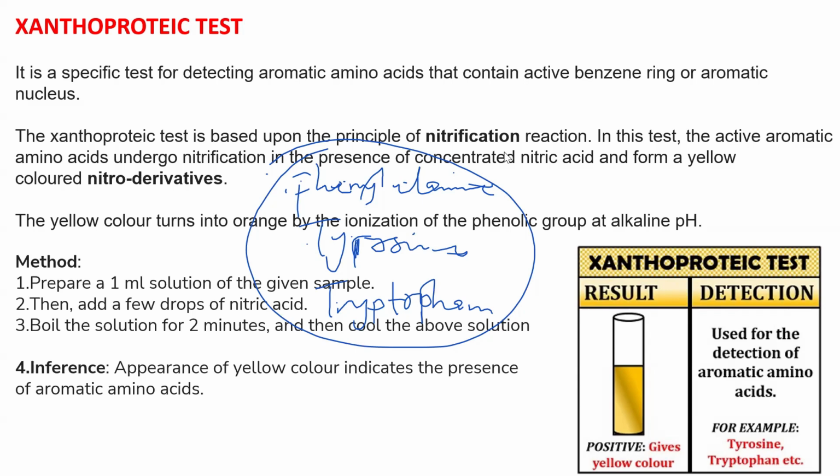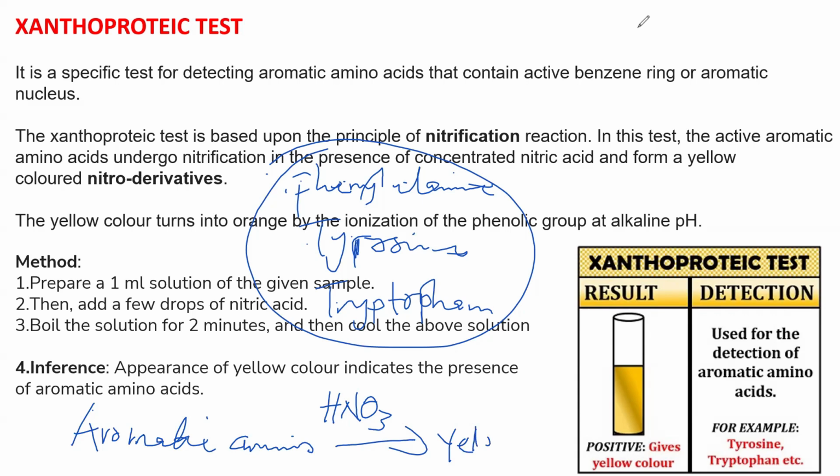For example, this is your aromatic amino acid. In the presence of concentrated nitric acid, it will form a yellow colored nitro derivative, a color complex.